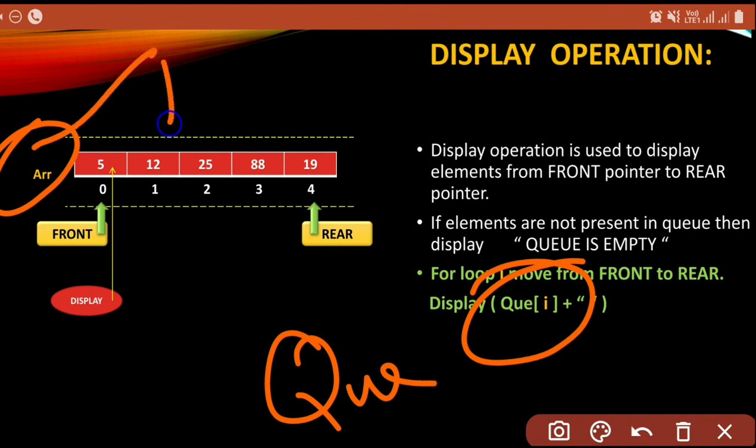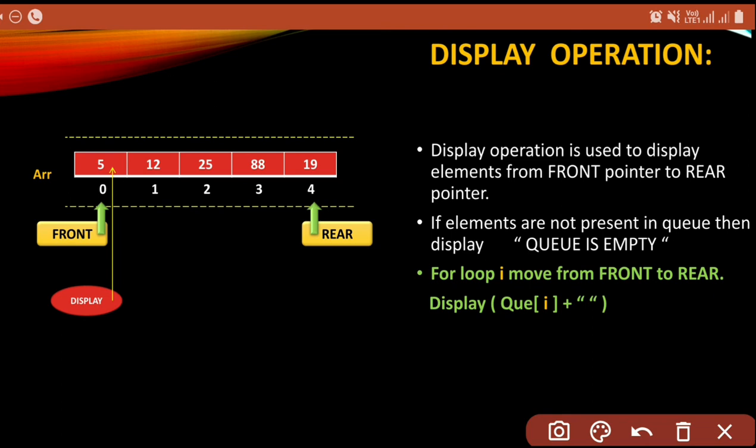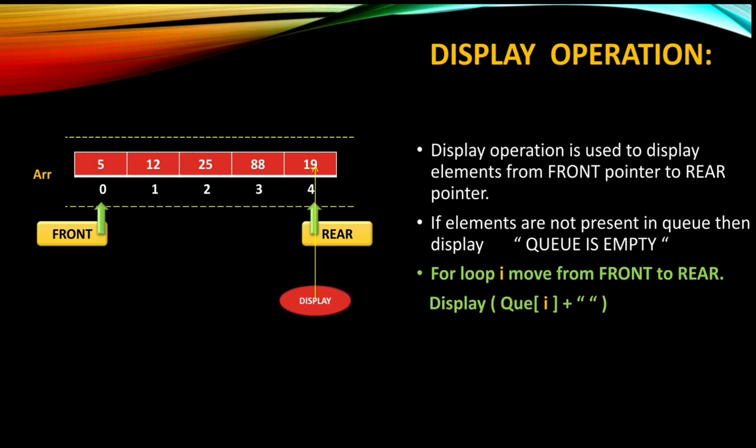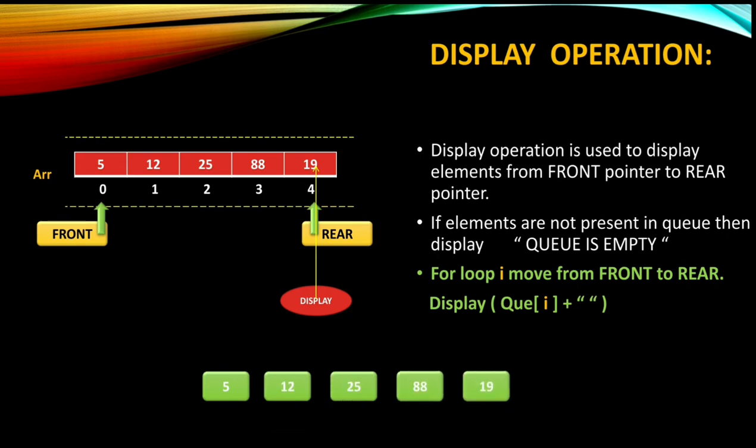ARR indicates you it is an array. In this way you can display your elements from front to rear, and now see, in this way you have to display elements one by one.